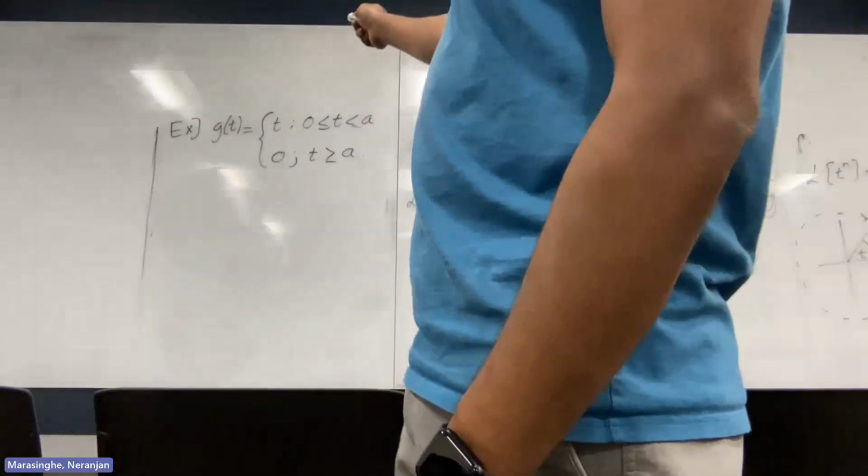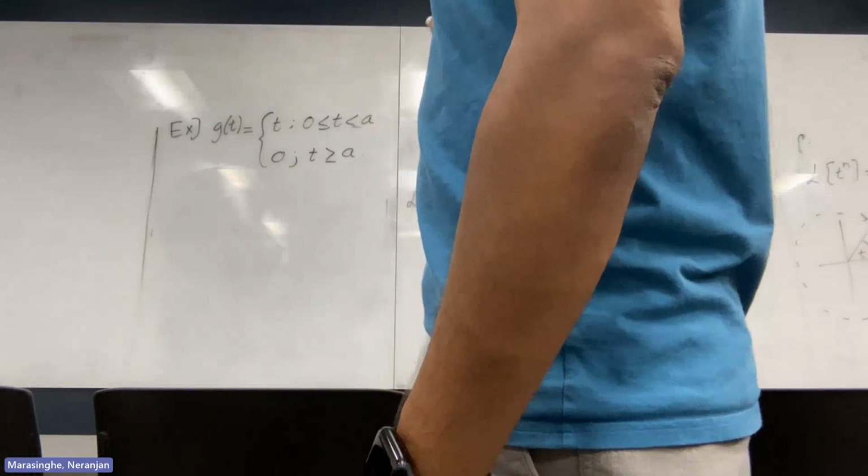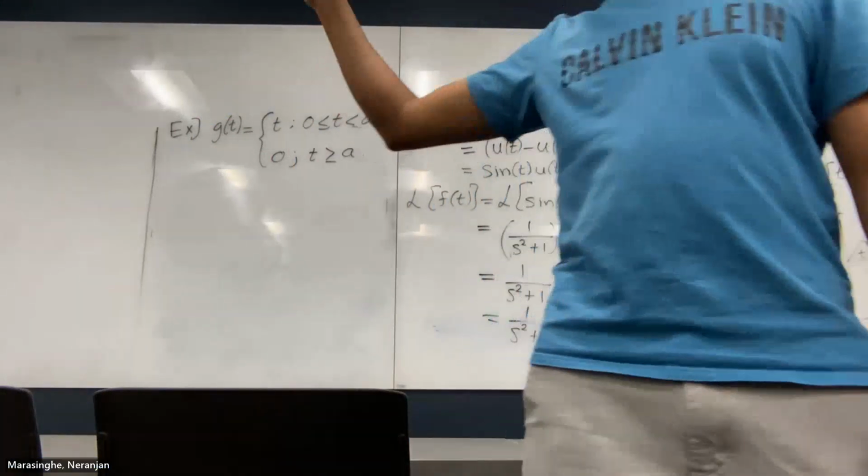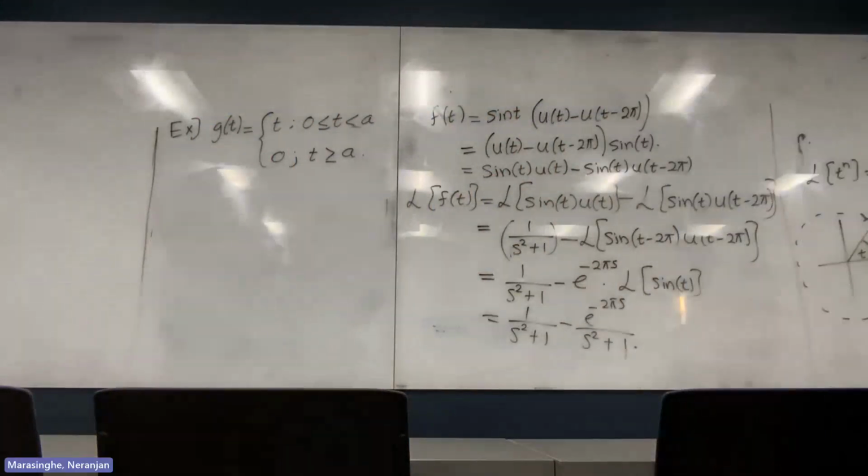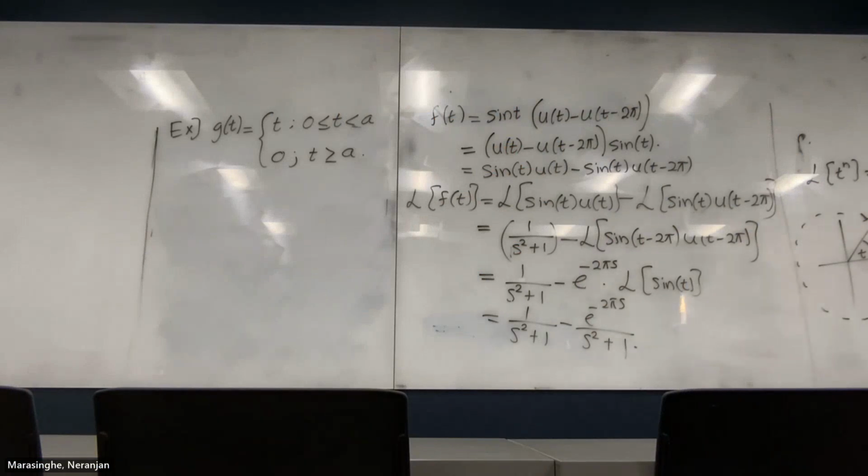It's known that g(t) equals t between 0 and a, so you would get a linear graph.